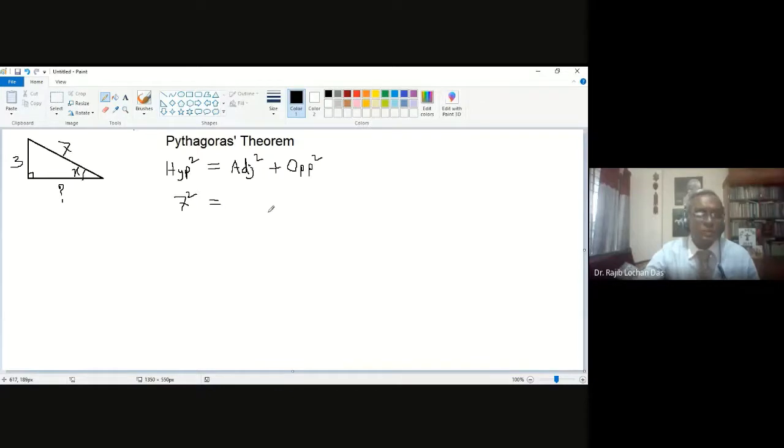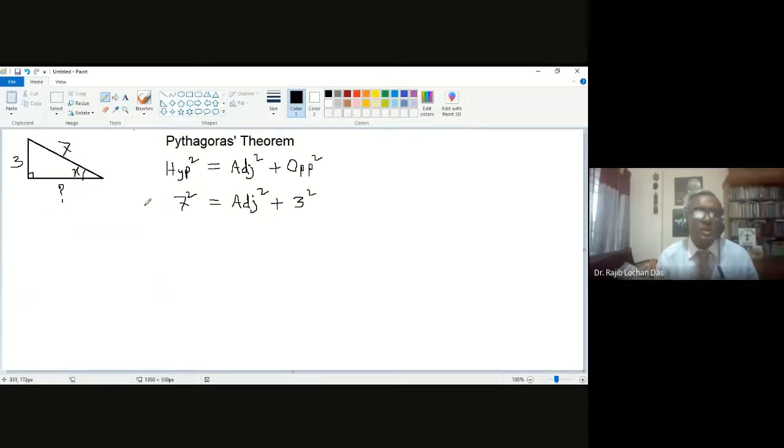If you know the angle, then the adjacent side is the side adjacent to that angle. We do not know the adjacent side; we find it out. So it is adjacent square, and the opposite will be opposite to the x angle, so it is 3, so 3 square.